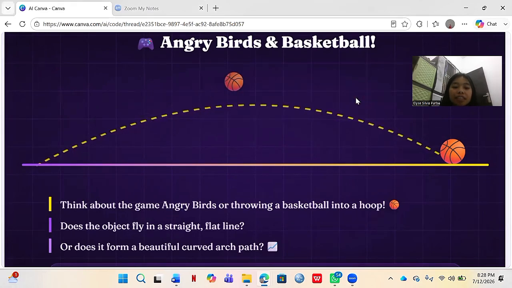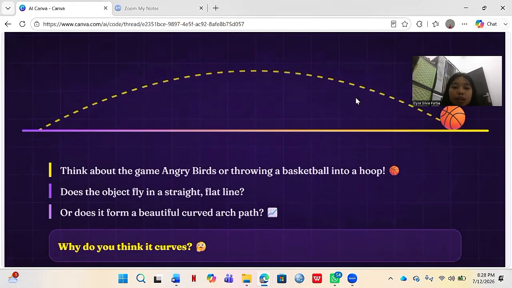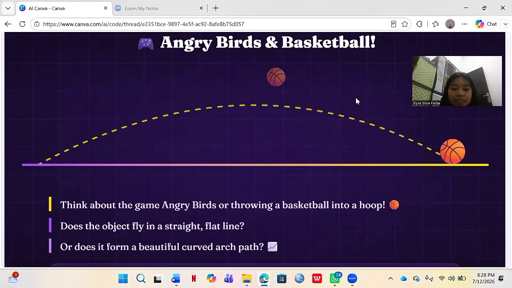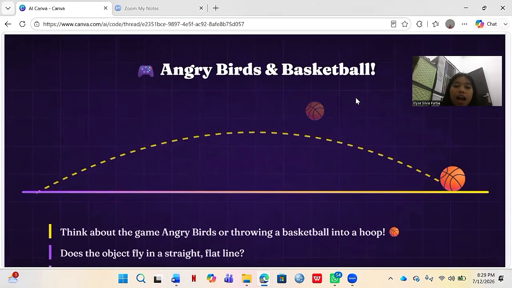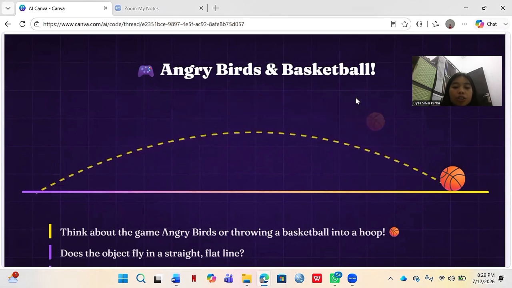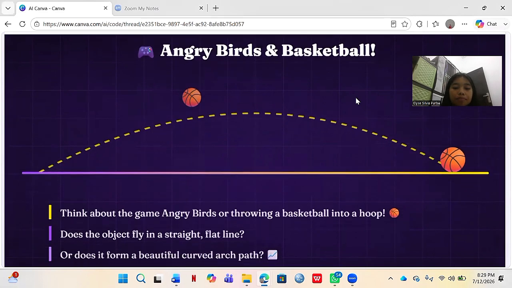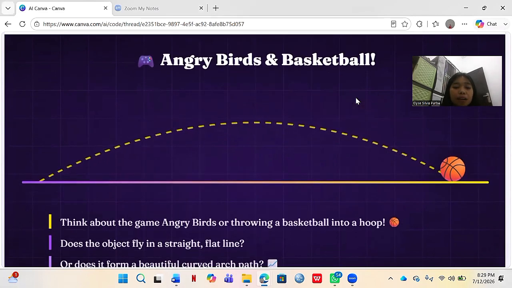Before we check the equations, let's do a quick warm-up activity. Think about playing games like Angry Birds or shooting a basketball into a hoop. Does the bird or the ball fall in a straight line?